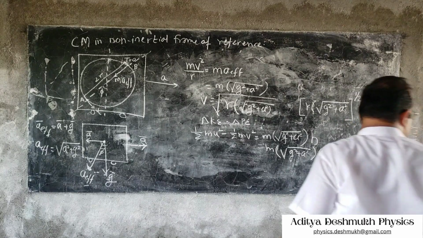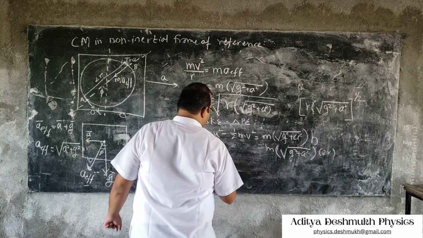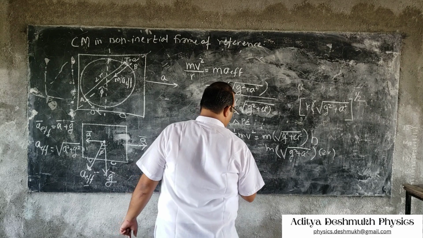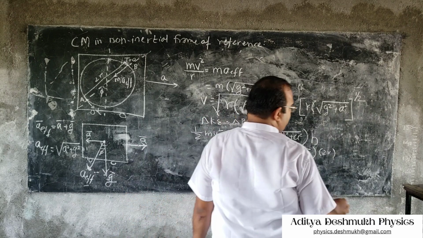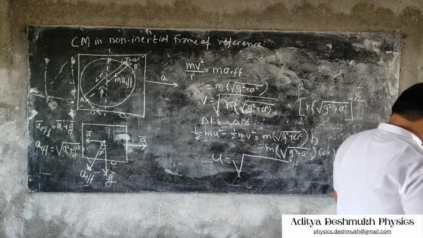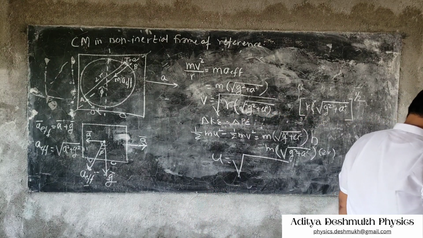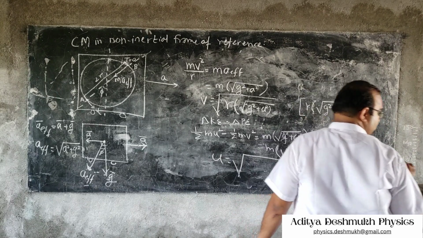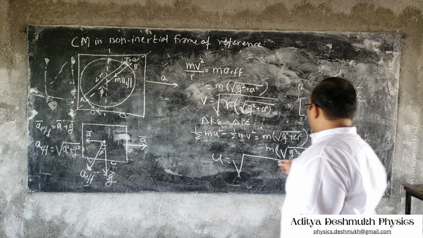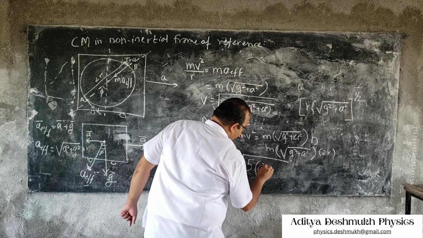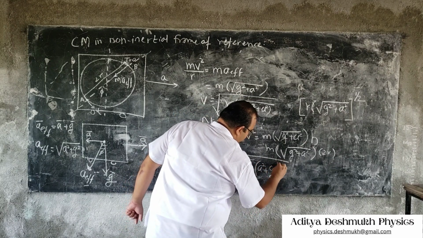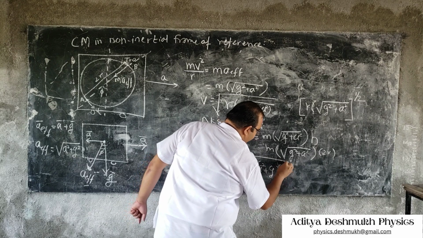So the equation of u will be 5 into (a square plus g square) raised to 1 by 2, into r.